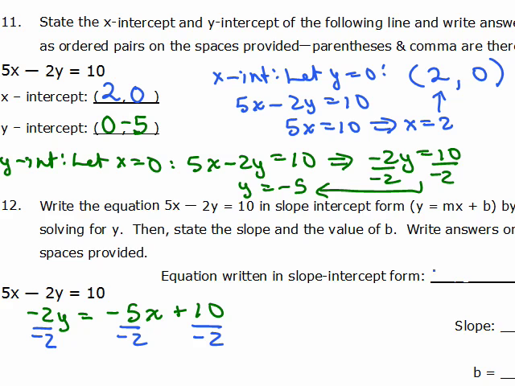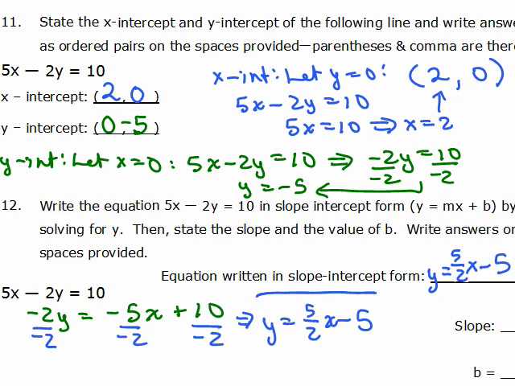So that gives you y equals 5 halves x minus 5. If you can't see it, y equals 5 halves x minus 5.